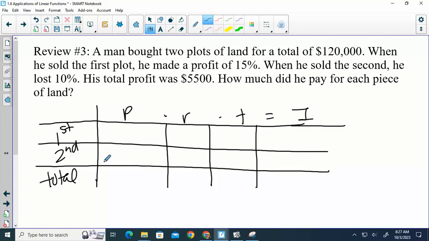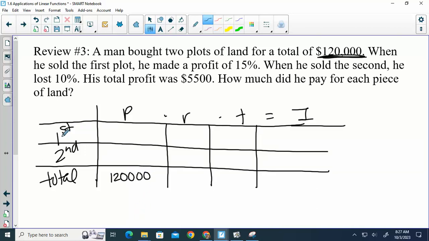He bought 2 plots of land for a total of $120,000. Where does that number go? Total what? Principal. Yes.